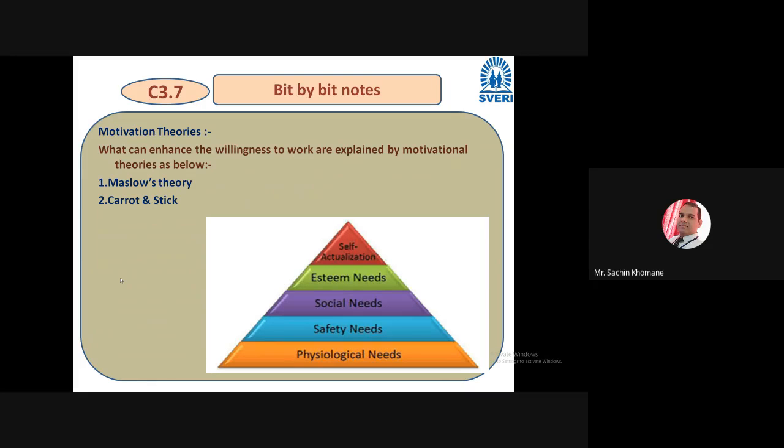So friends, there are two basic theories: Maslow's theory and carrot and stick theory. Maslow's theory I need to explain once in detail, but carrot and stick, next lecture we are going to discuss on this.